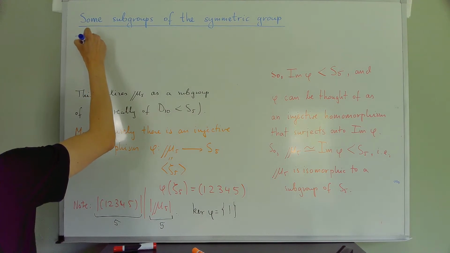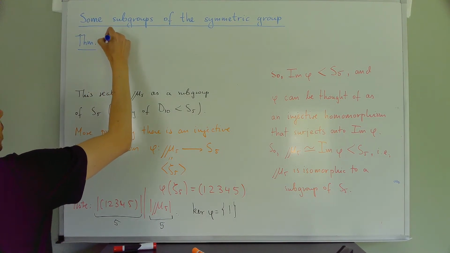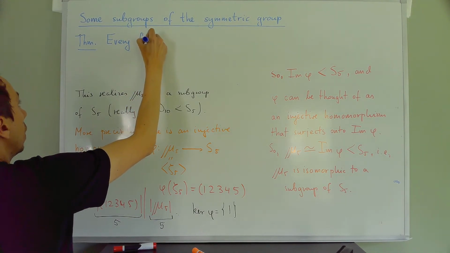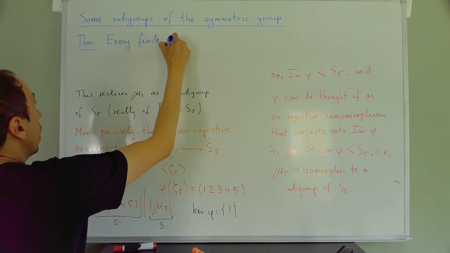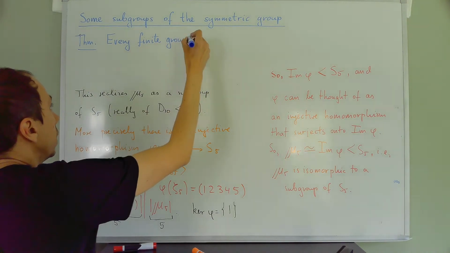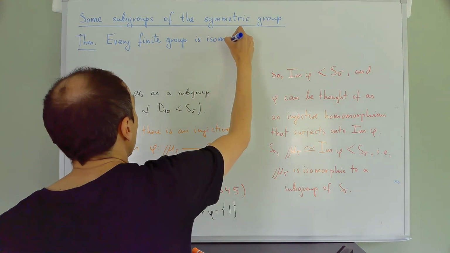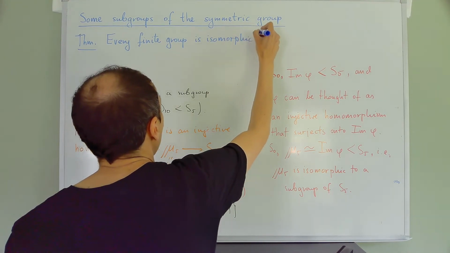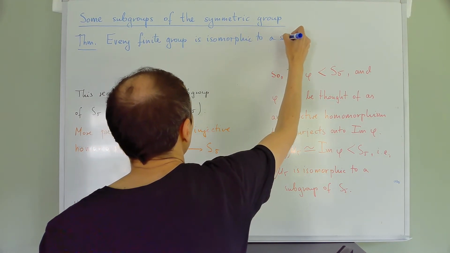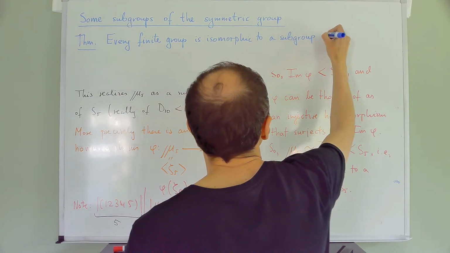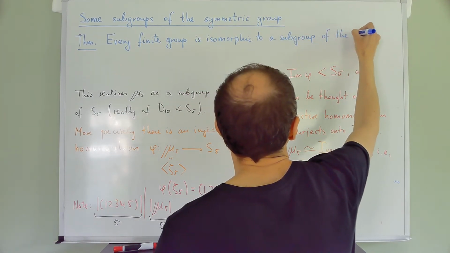Theorem: every finite group is isomorphic to a subgroup of the symmetric group.